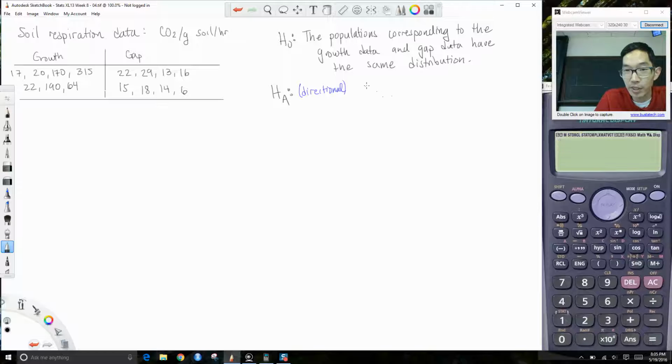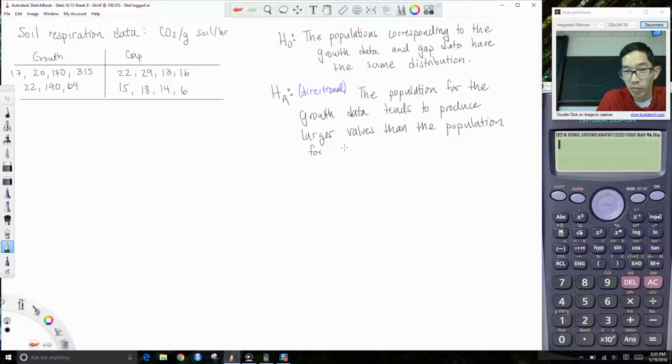So we'll say the population for the growth data tends to produce larger values than the population for the gap data.